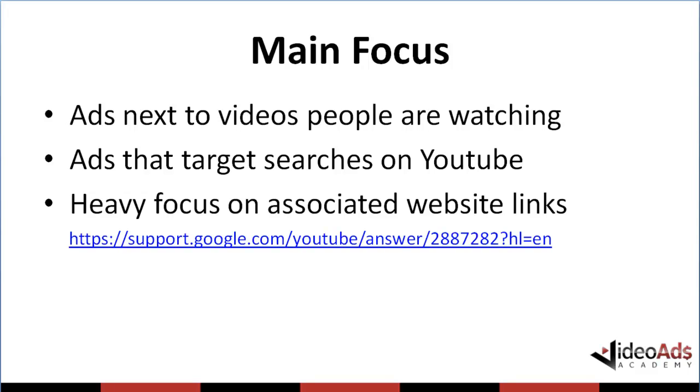Another heavy focus of this training is what's called associated website links, or associated annotations, or external link annotations. It has a lot of different names, but you'll see this link, and you can follow it to get more information.